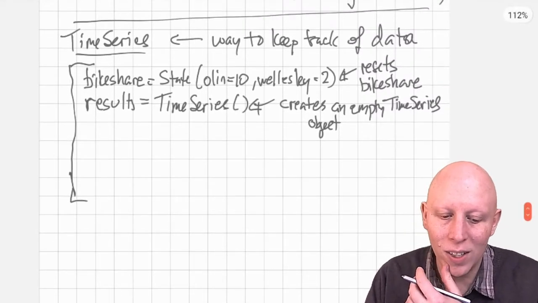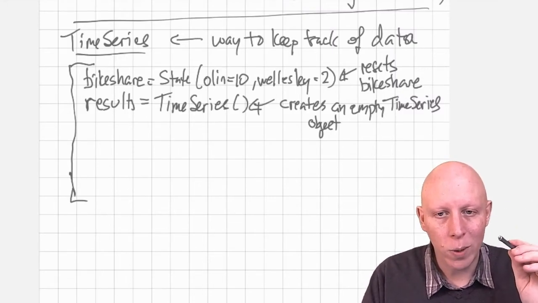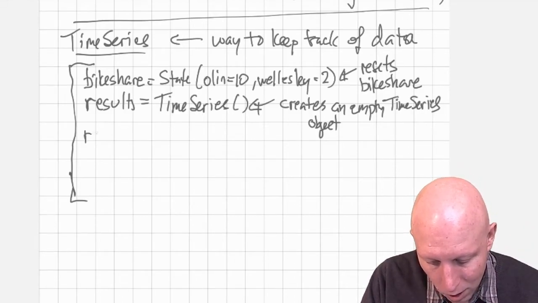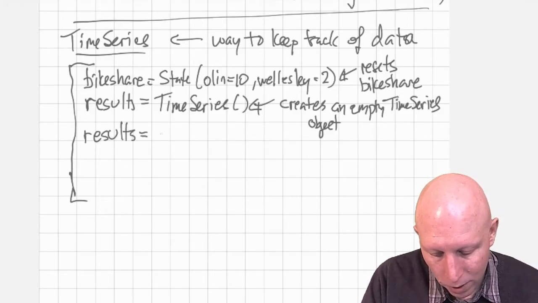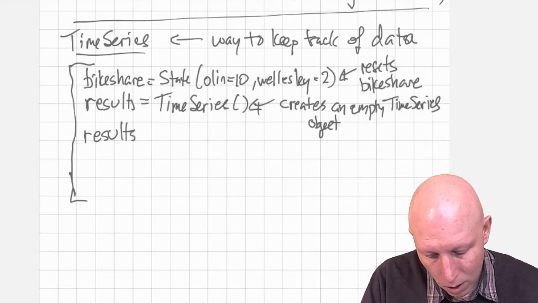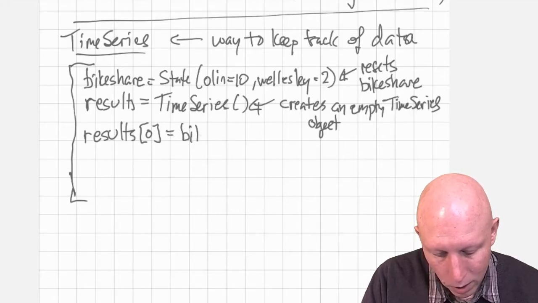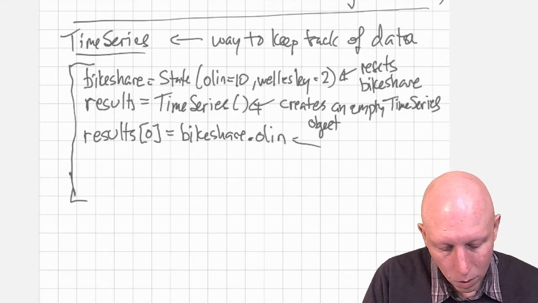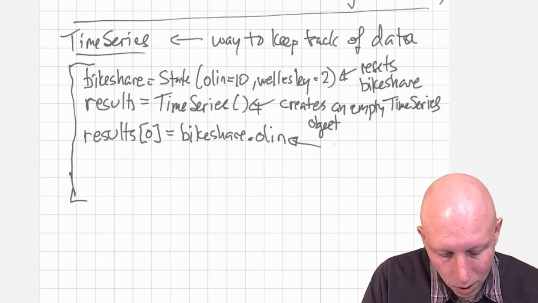And then we're going to start putting information into this, one piece of information for every time. So we're going to first initialize it and define results of 0 to be equal to bikeshare.olin. Okay, so we've created our empty time series object, and now we start to fill it in.